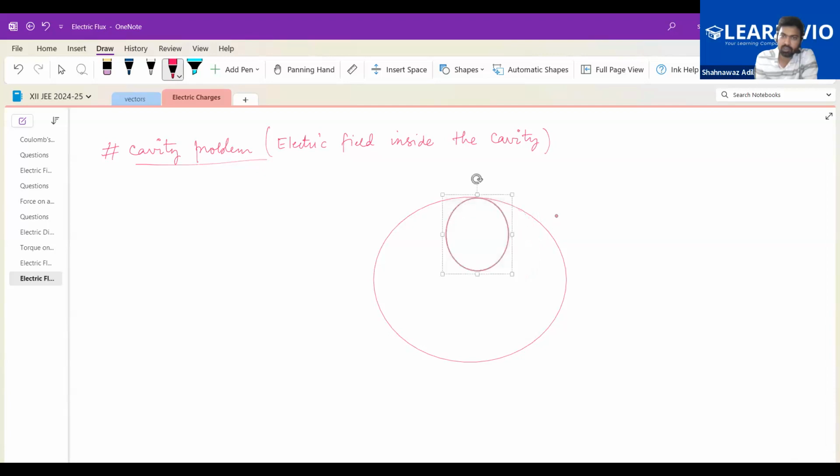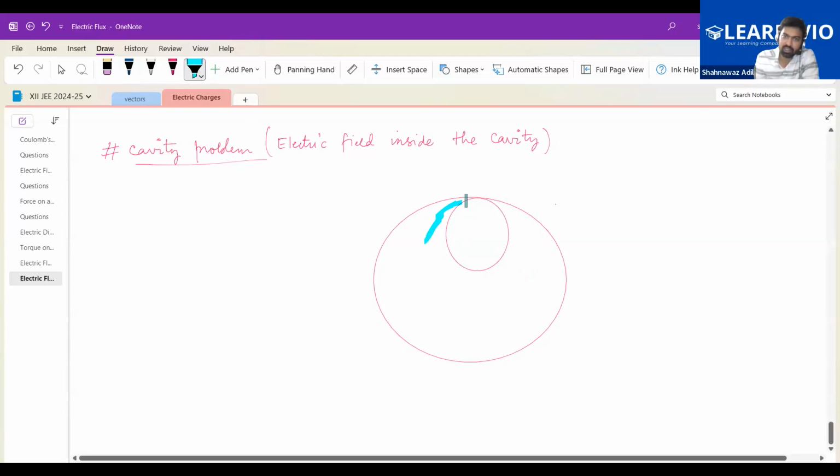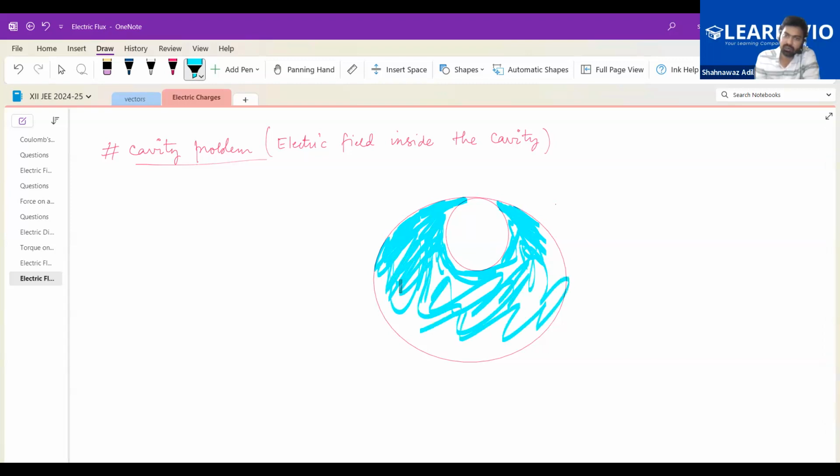This portion you have taken out, and the density of this thing is rho.